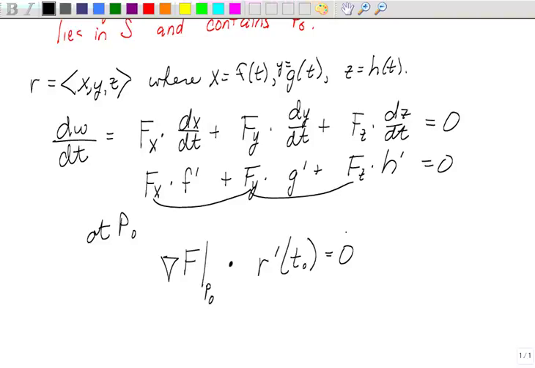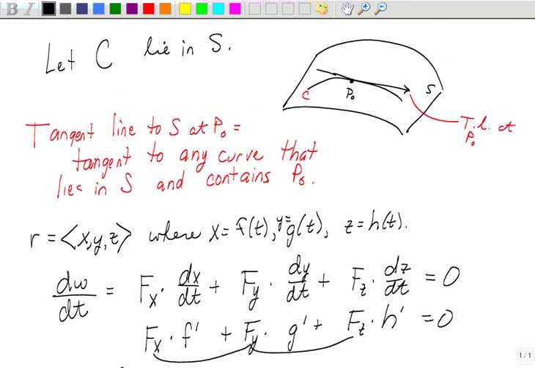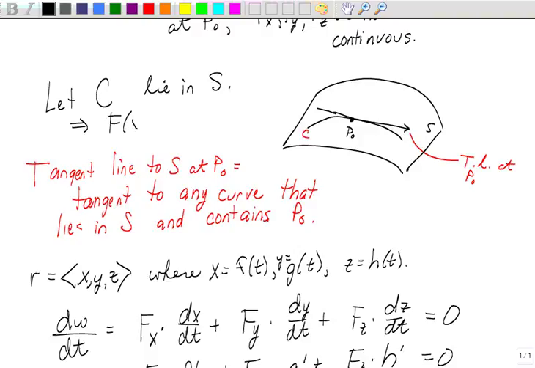Because this is equal to 0 because C lies on S, and that implies that f of x, y, z is a constant because it's a level surface.